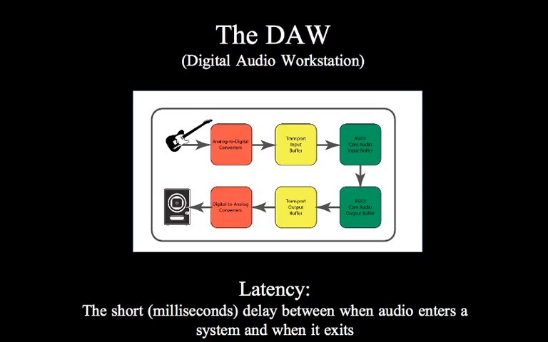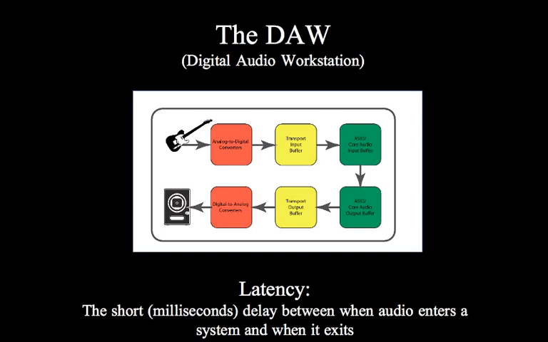But what's different about the digital audio workstation is going back to how we were defining the difference between analog and digital, being that analog is continuous time and continuous change in amplitude, and digital being discrete change in time and discrete change in amplitude.